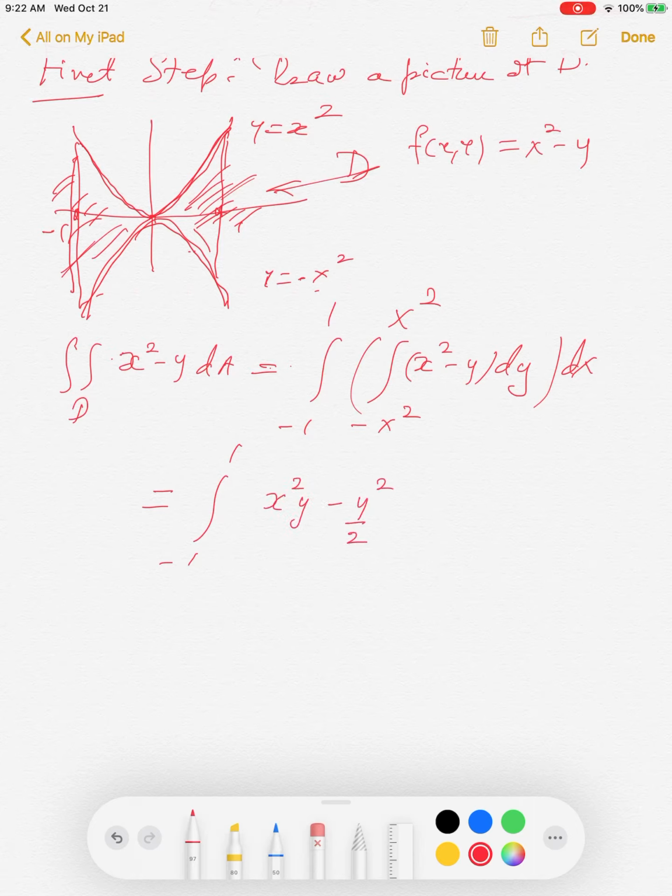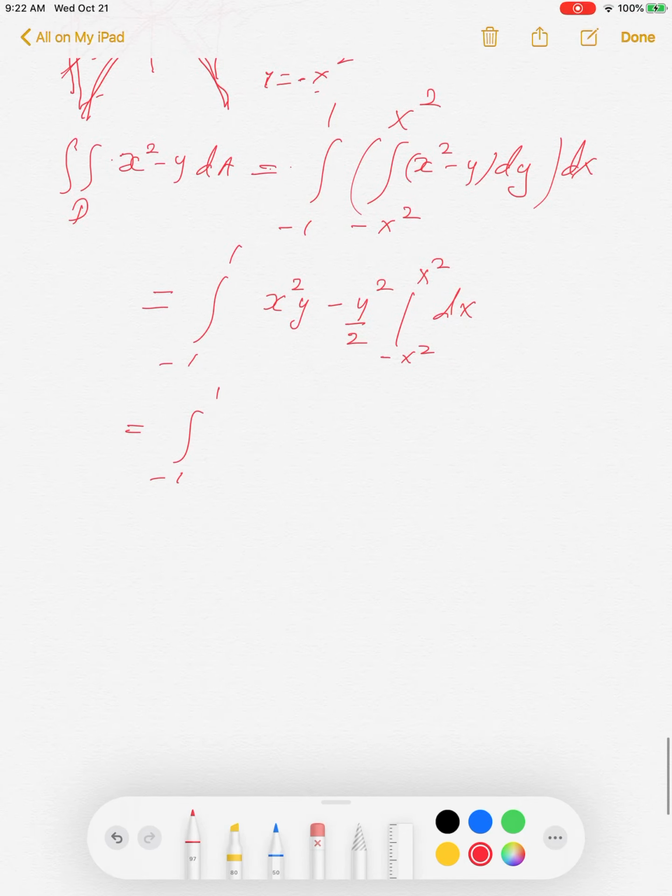So this is x square y minus y square by 2 between minus x square to x square. So this is going to be x to the 4 minus x to the 4 by 2, minus, when y is minus x square, we get minus x to the 4 minus x to the 4 by 2.